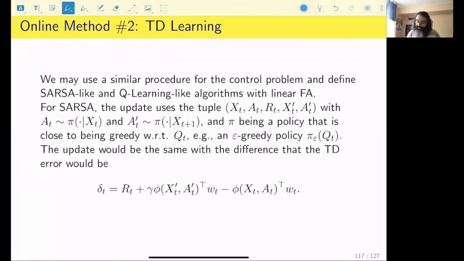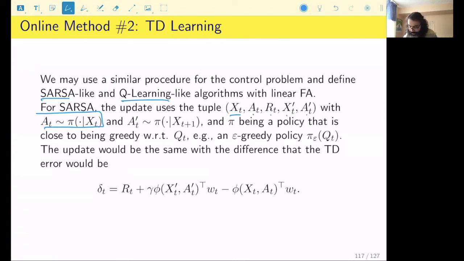And so we may use something like this to compute SARSA-like and Q learning algorithms. For SARSA, the procedure would be very similar, but actions A_t should come from pi, so essentially we have this tuple of X_t, A_t, R_t, X'_t, and A'_t.